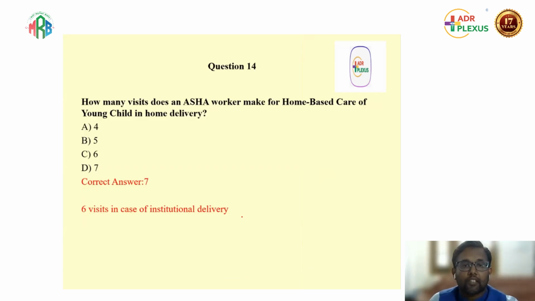How many visits does an ASHA worker make for home-based care of young children in home delivery? In case of an institutional delivery, when a delivery occurs in a hospital, the ASHA will make 6 visits, on day 3, 7, 14, 21, 28, and 42.